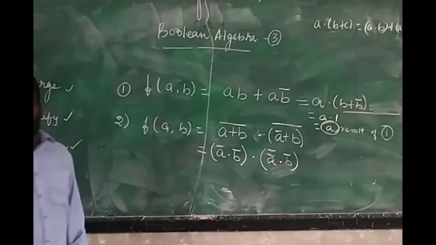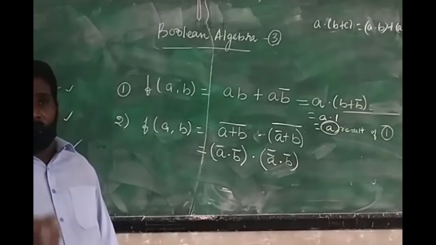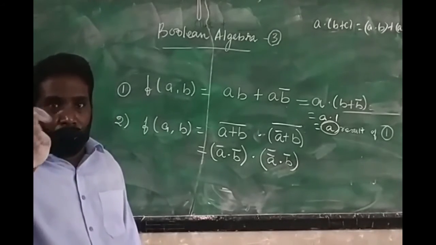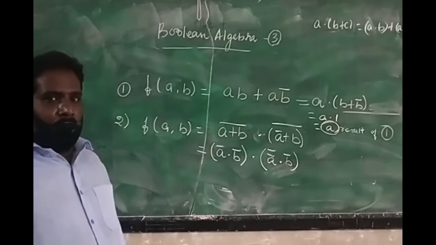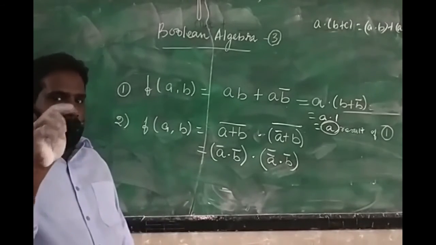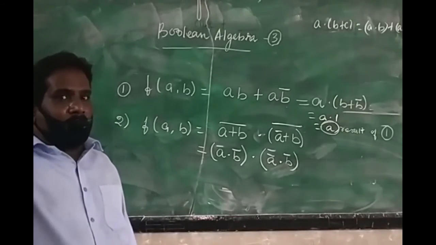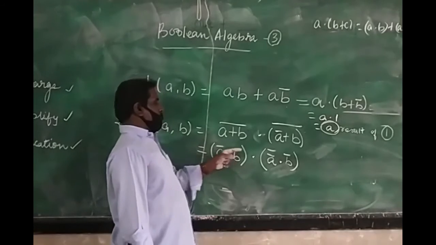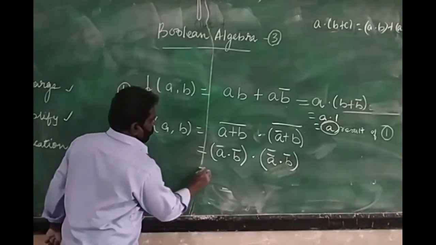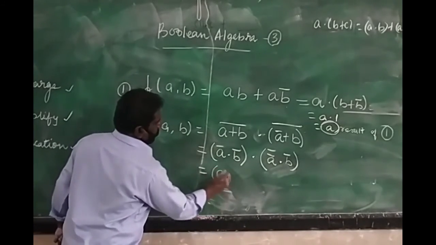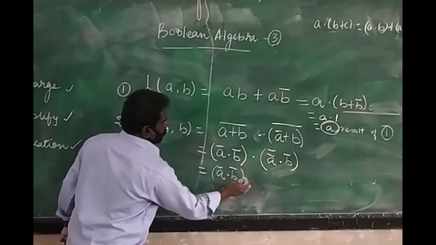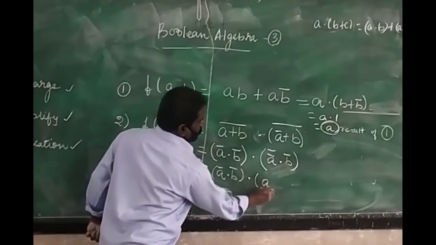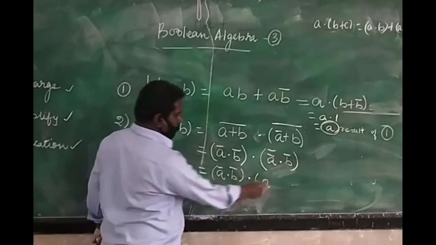In De Morgan's theorem you might have studied A plus B whole bar equal to A bar dot B bar. Its dual is A dot B whole bar equal to A bar plus B bar. Similarly, A bar dot B bar dot A double bar is the involution theorem. By the involution theorem it will be A dot B bar.